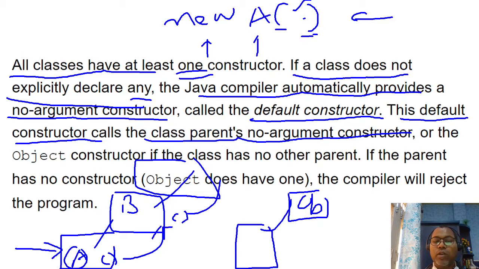Before B, the Object class constructor is also invoked. In this way, constructor chaining happens. Whenever you are creating any child class object, all the super class constructors are invoked in this manner. So if as a developer you are not providing any constructor inside your class, at that time your compiler automatically injects a default constructor inside your class.